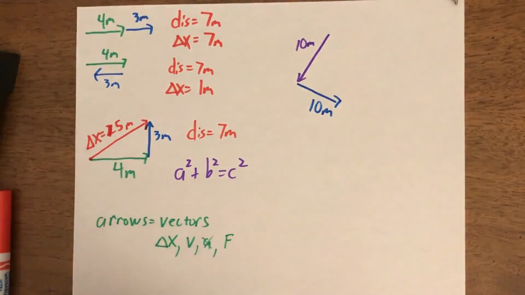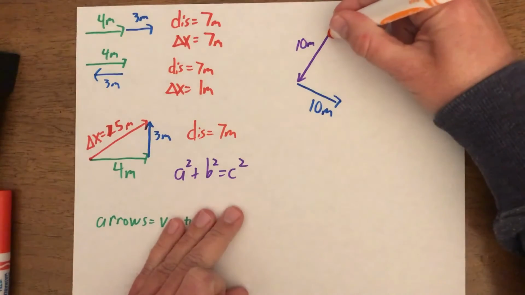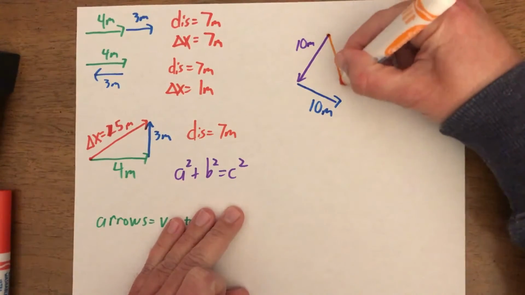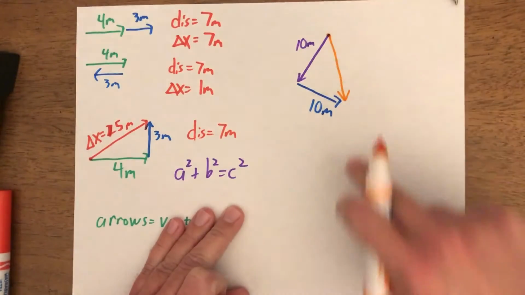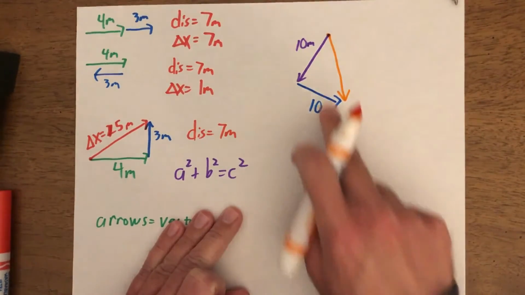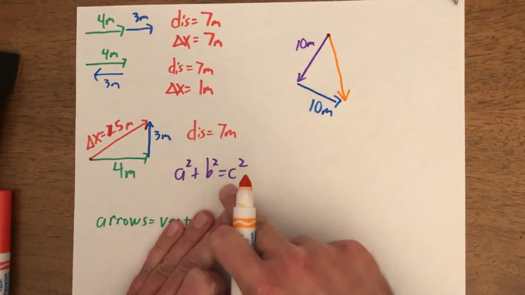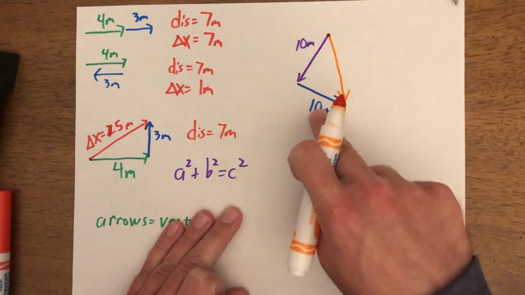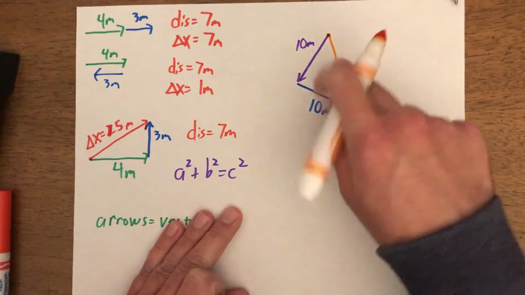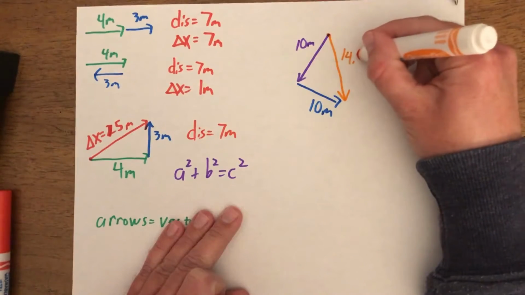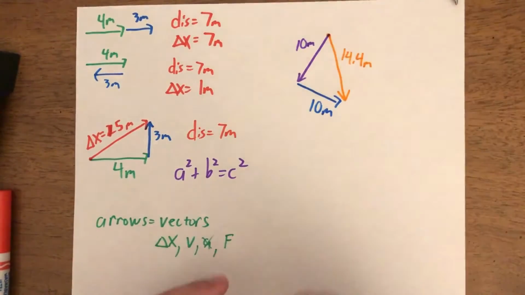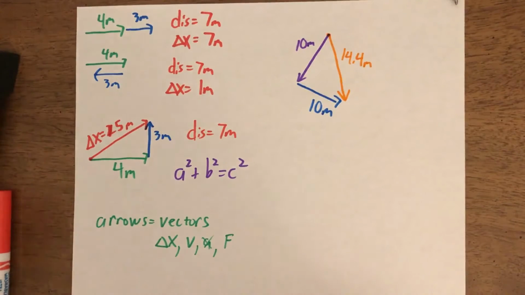And then to find the overall displacement, you would use the same technique. If you started here and you wound up here, that would represent the displacement. And we would do the same thing. We'd use the Pythagorean theorem. So 10 squared plus 10 squared, take the square root of that to get this side, and you get about, rounding off here, 14.4 meters in that case.